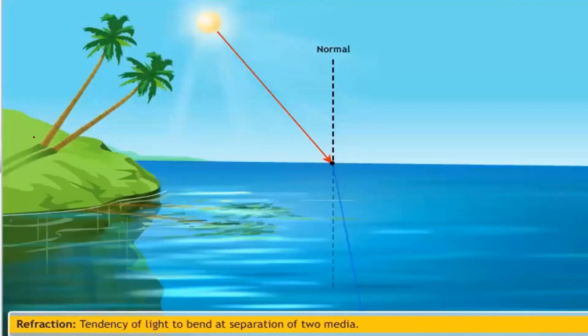So what is refraction? Refraction is basically the tendency of light to bend at the separation of two media. That means whenever a ray of light travels from one medium to another.